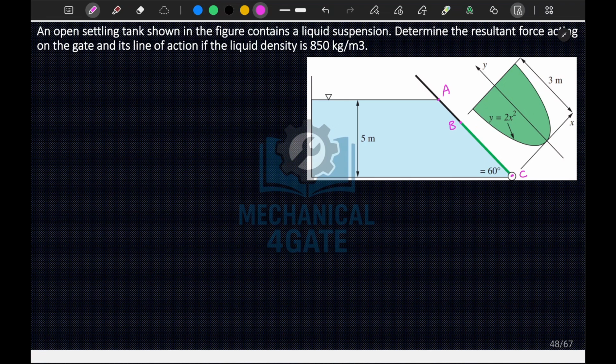Okay, and A to B is fixed. Now let's consider that at a height h from the surface, we are considering an element.